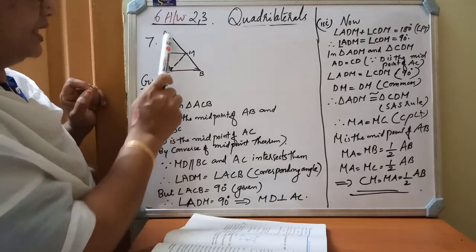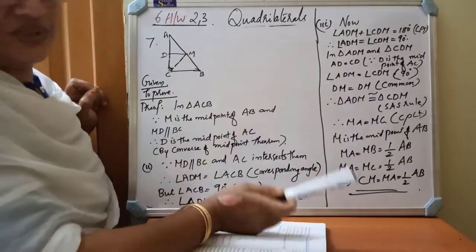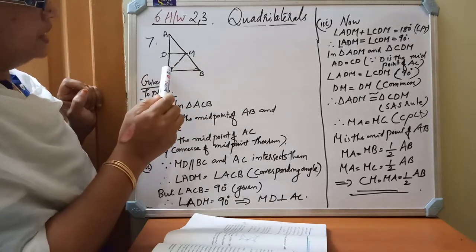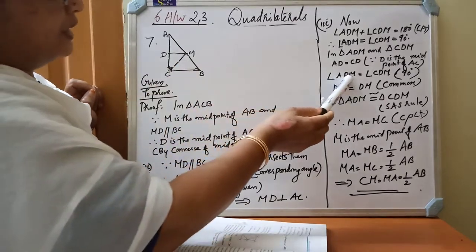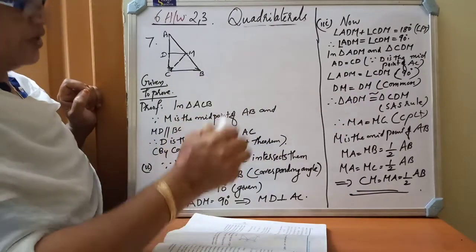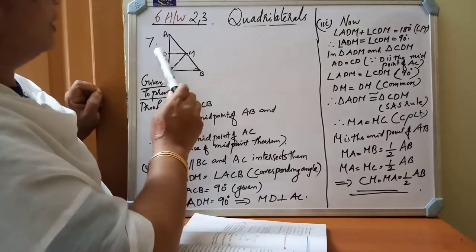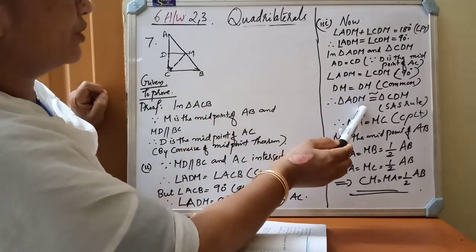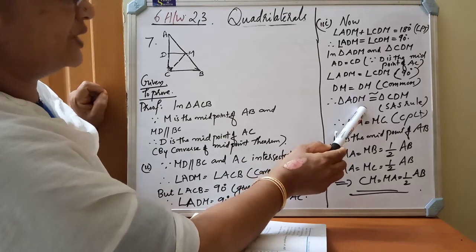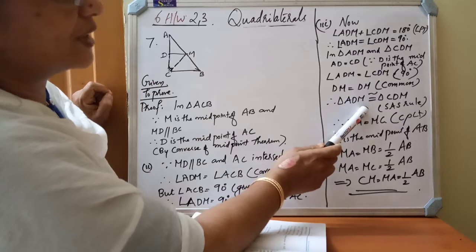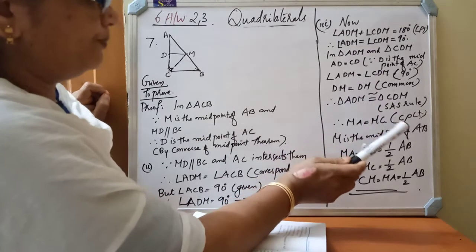Then angle ADM is equal to angle CDM, 90 degrees. Then DM equal to DM, common. So these two triangles are congruent by the SAS rule, two sides and one included angle.